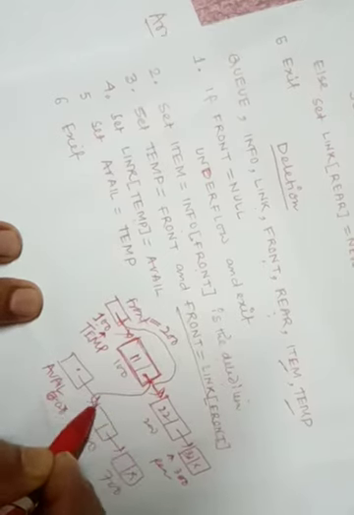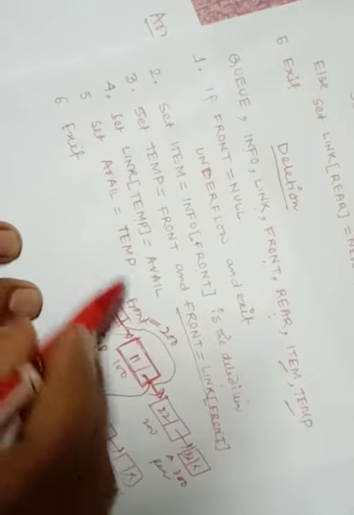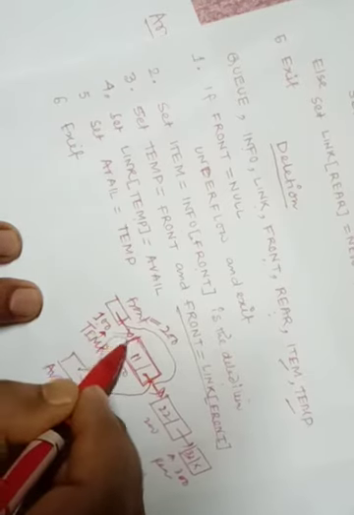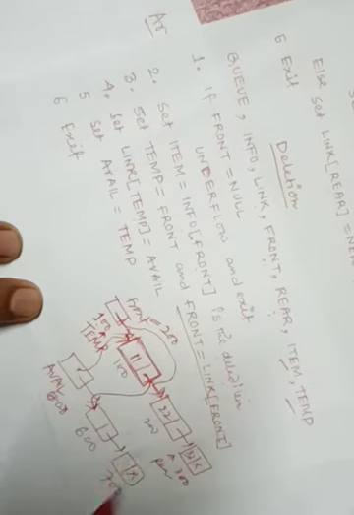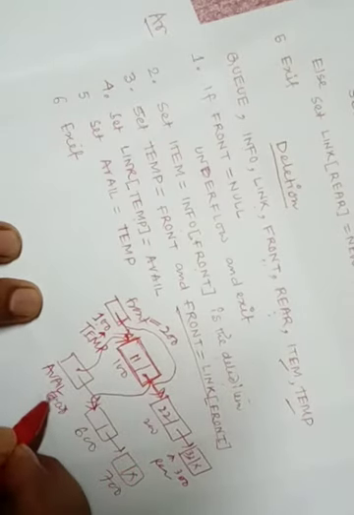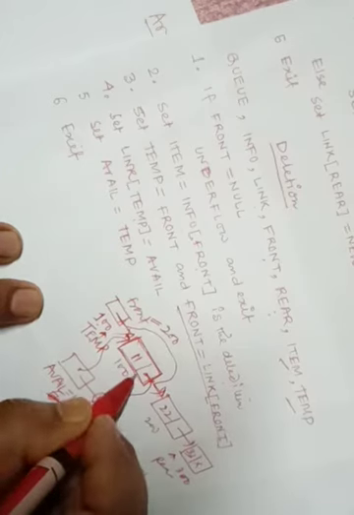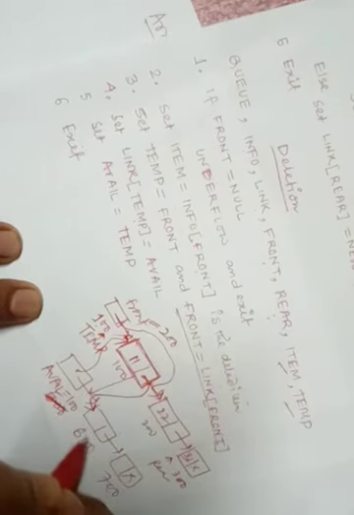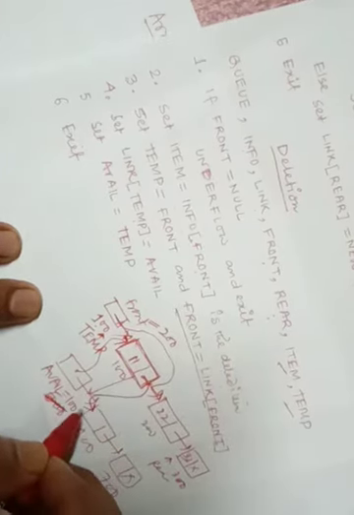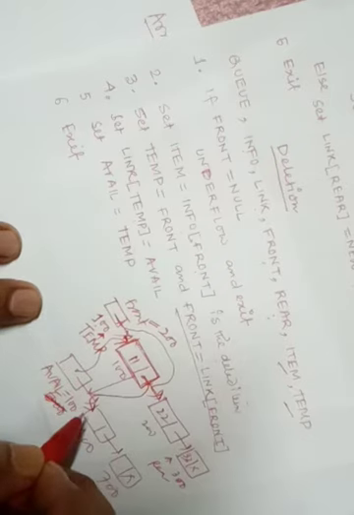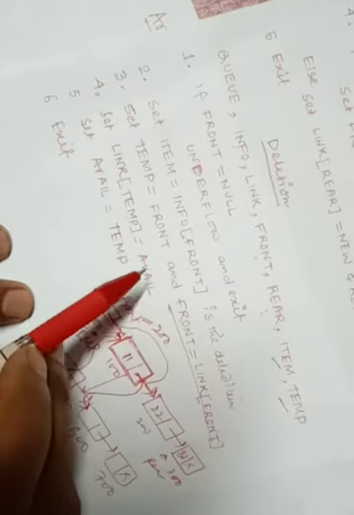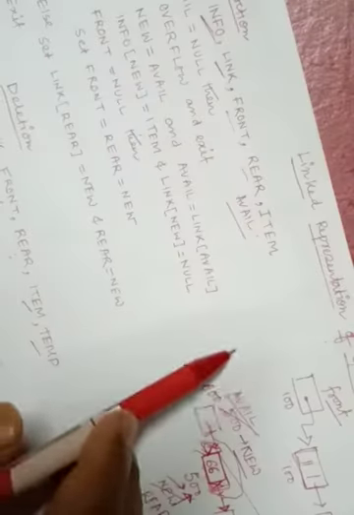So this points here, and avail equals temp. So now this will point to this temp node, the temporary node. So what is the new value of avail? The new value of avail is 100. So this node will come to the available list. So this is how the deletion algorithm works. This is a link representation of queue.